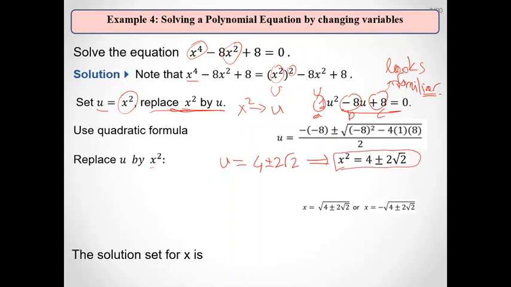You have two solutions here. Okay, for now, let's look at here. We have two solutions, and then for each one, we have two solutions.